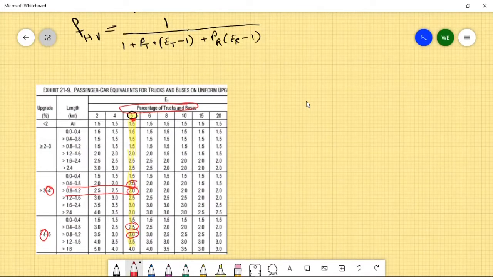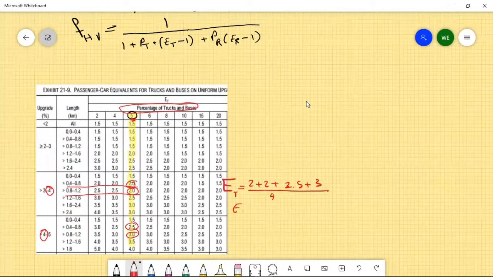So what's the deal? We just simply take the average. So we will have E truck equal 2 plus 2 plus 2.5 plus 3, divided by 4.